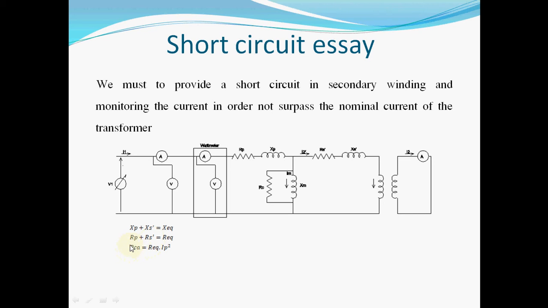PCA is the power measured by the wattmeter. It's equal to equivalent resistor multiplied by square IP. IP is the current of the primary, as we can see here.